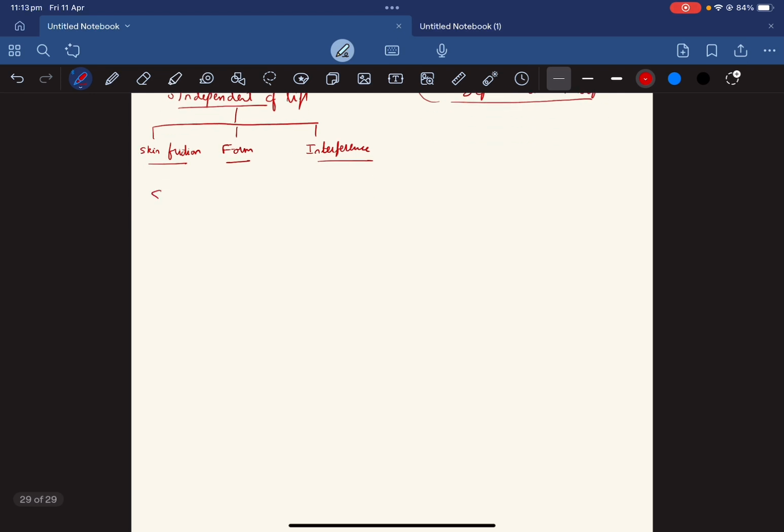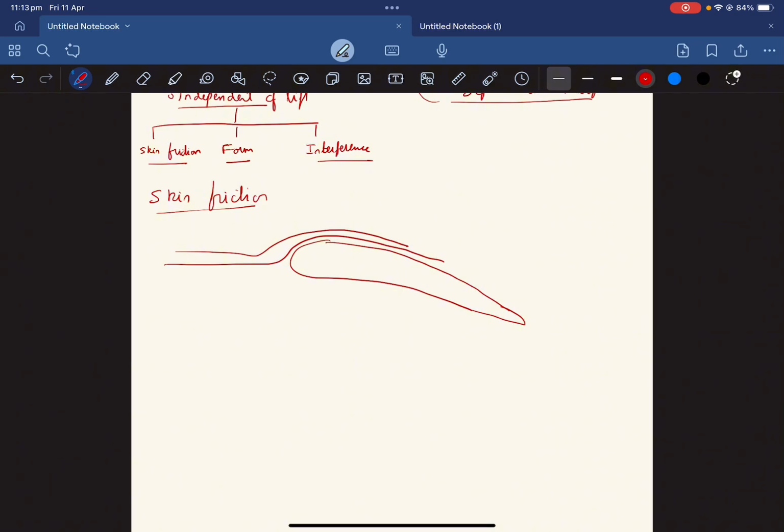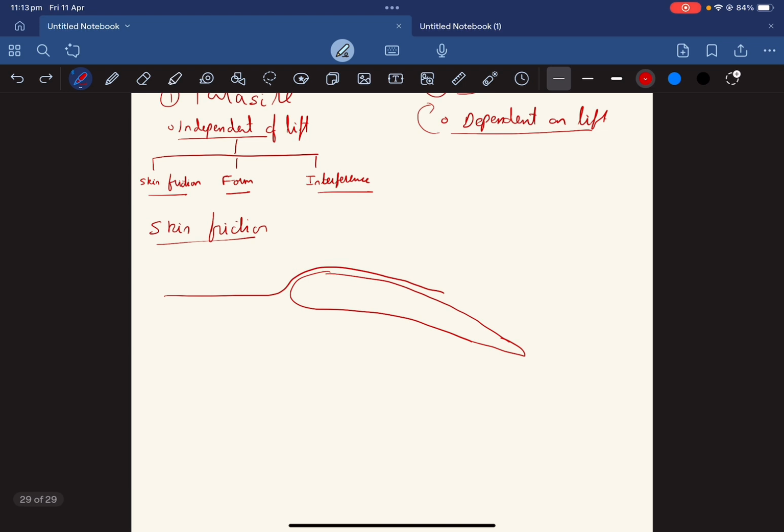So what exactly is skin friction drag? I'm going to draw an aerofoil for you. Let's say this is an aerofoil, and this is the airflow, moving like this. This is supposed to be a smooth flow of air above. Now I'm going to remove the airflow.